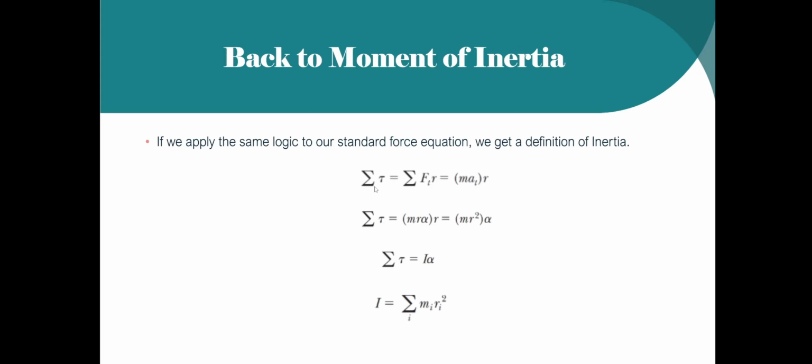So here they have the sum of all the torques, okay, sum of all the angular forces. Well, we know that the angular forces of torque are just radius times a force. So here they've omitted the sine theta because we're going to go ahead and assume it's 90 degrees for our derivation here. Force and a radius multiplied together.